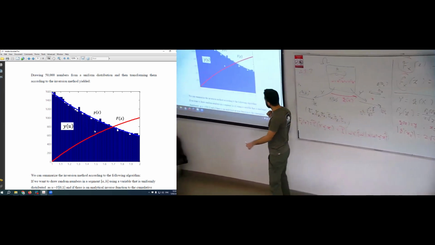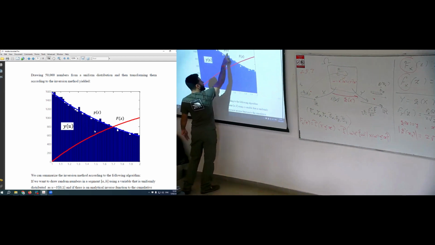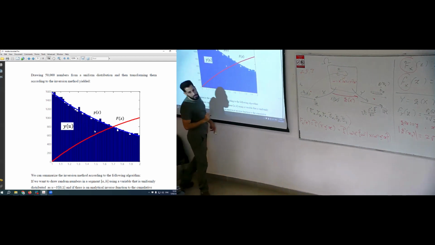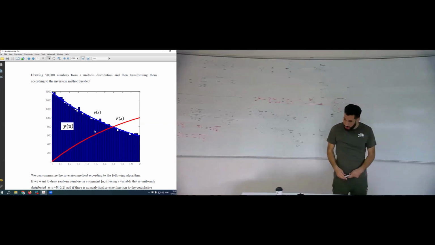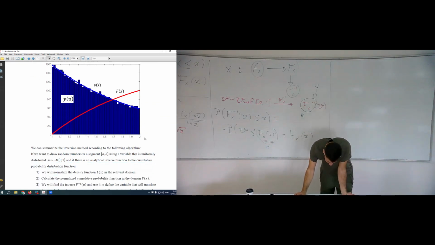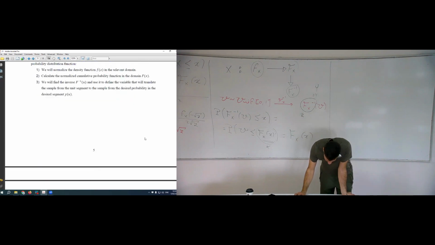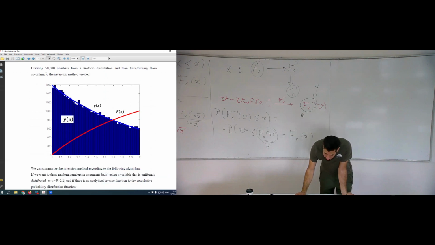This is what this histogram will look like, and it's not p of x here, it's p of x multiplied by 50,000. So we get a very, very good approximation of what we wanted. And using the central limit theorem, we expect that if this number goes to infinity, the histogram will go to the function.